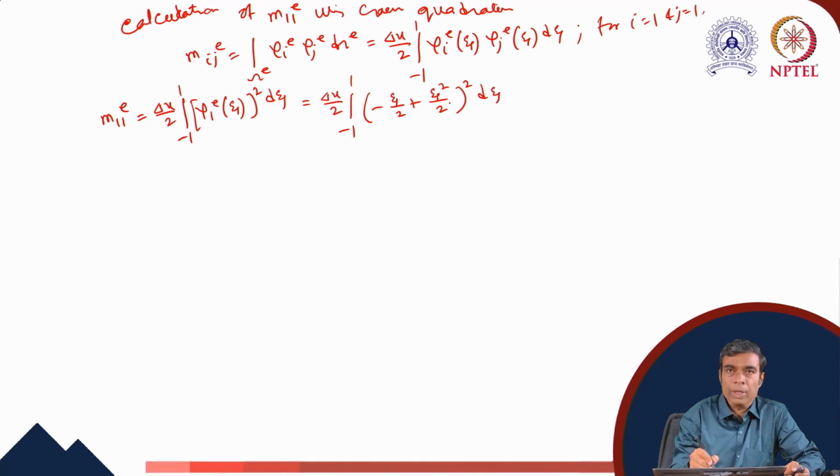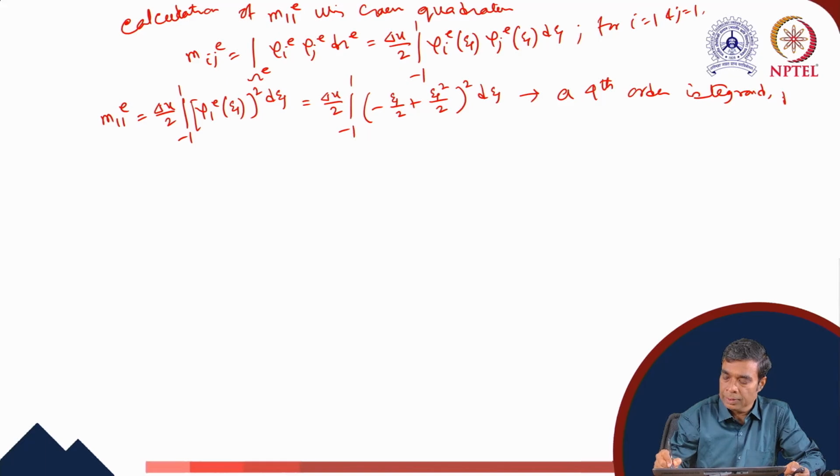So if we look into this expression, this gives us a fourth order polynomial. This gives us a fourth order integrand. It means that p equals 4.